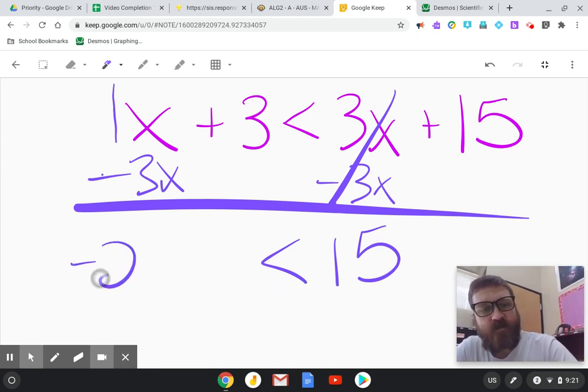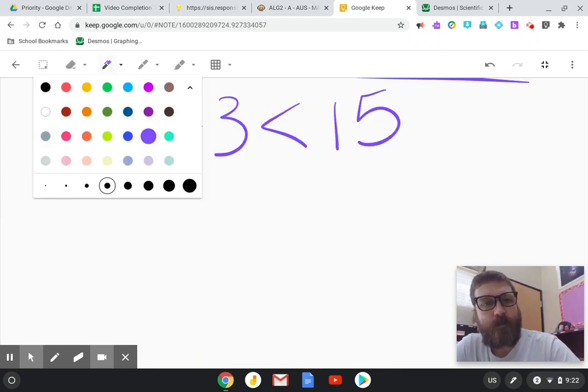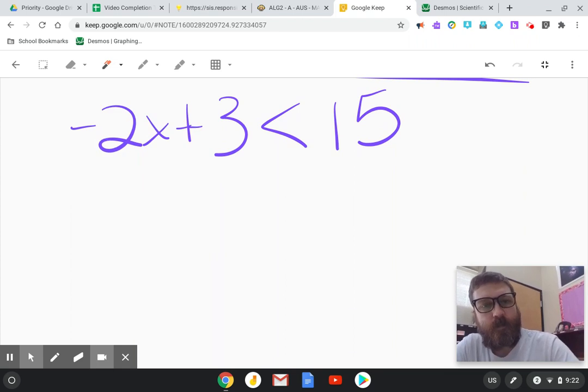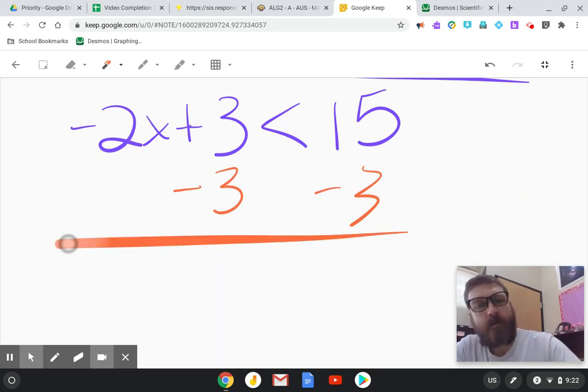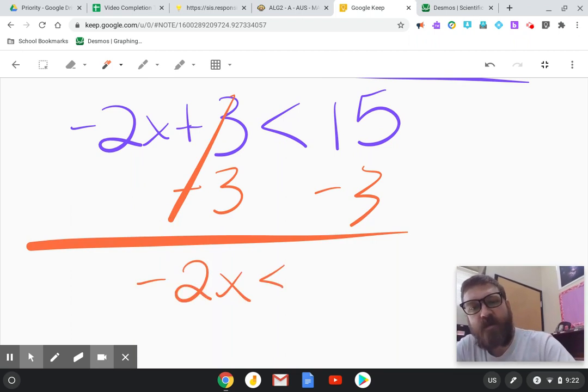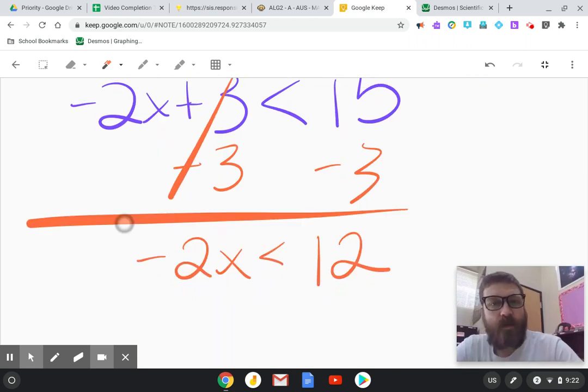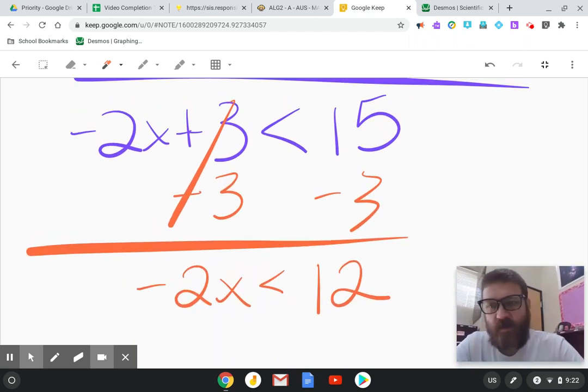That's negative 2x plus 3. Then I need to subtract the 3. Negative 2x is less than 12.